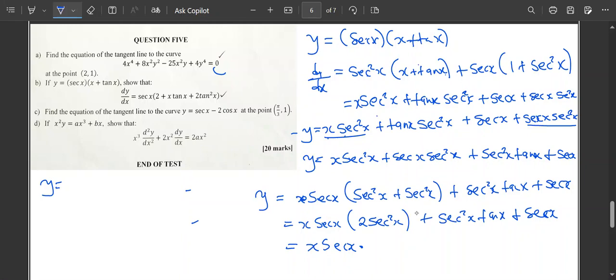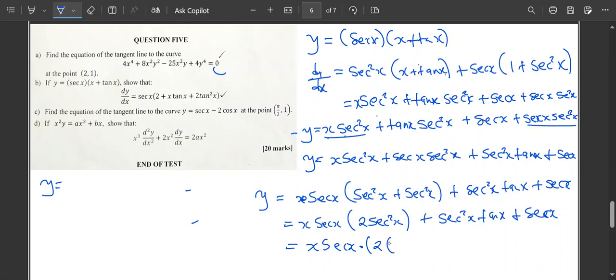Okay, before that, I've seen something. I need to test something here. So I can put these two here.